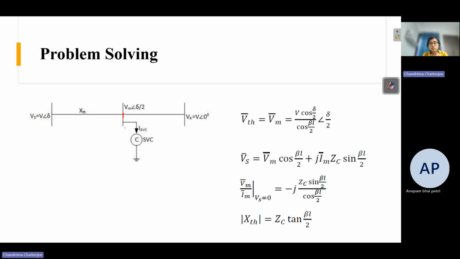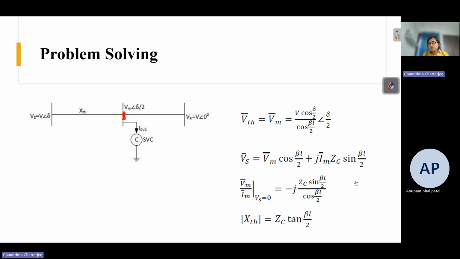And how will we know what voltage is at this point? We will control the voltage at this point, right? We need some generalized expression. And what will be the generalized expression? That is the Thevenin voltage.